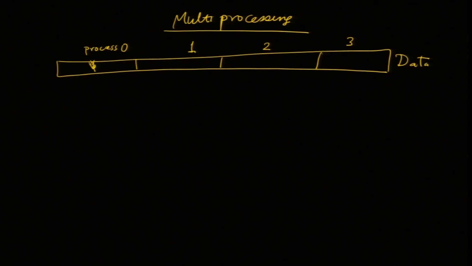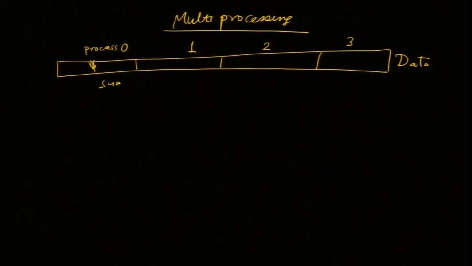Because the main program spawned or created more processes, and each process is working on its individual data. Then finally, they collect, for example, summing up partial sums, sum 0, sum 1. These sums can be added up later.